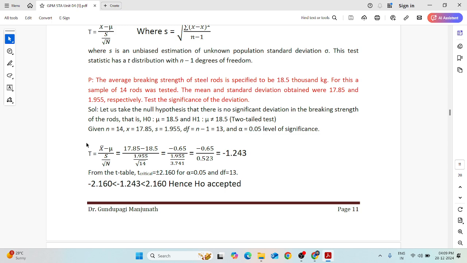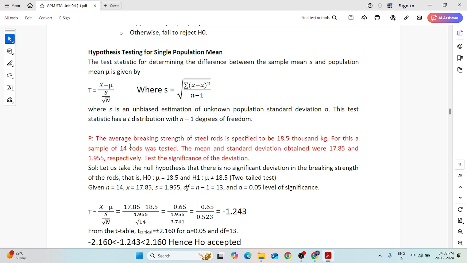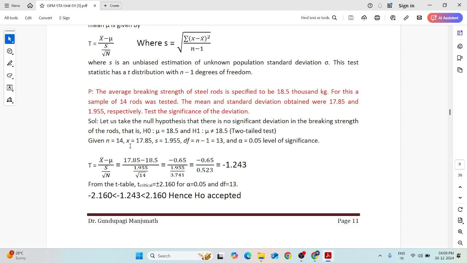Applying the t statistic formula for a single population mean, we get negative 1.2543.